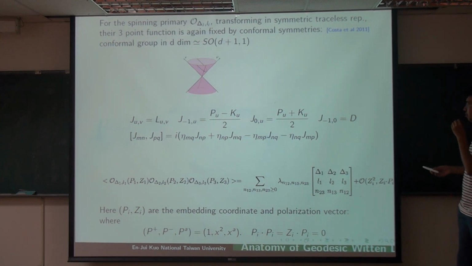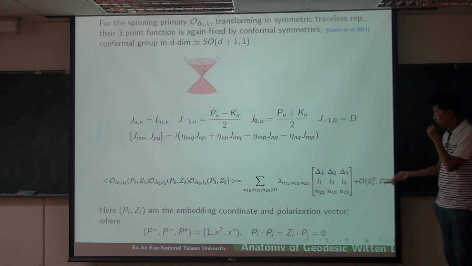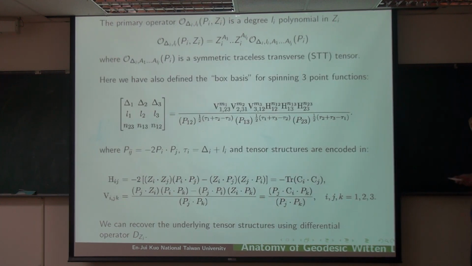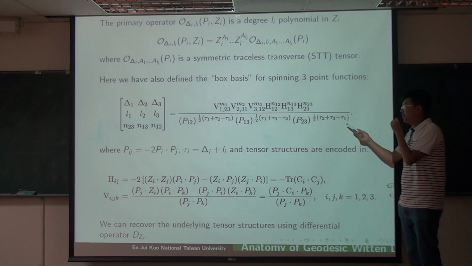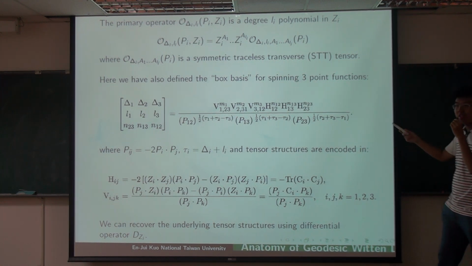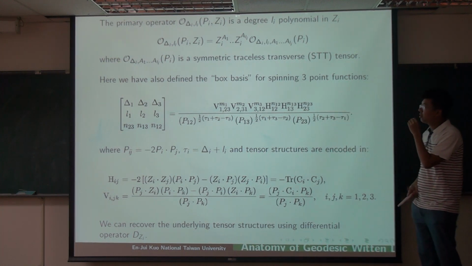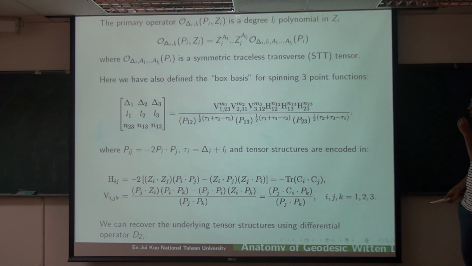Now this is just some details, and finally we can fix the 3-point function into these box spaces. So this box space contains N, V, and H. This means that even for 3 spinning primary operators, the 3-point function can still be fixed.